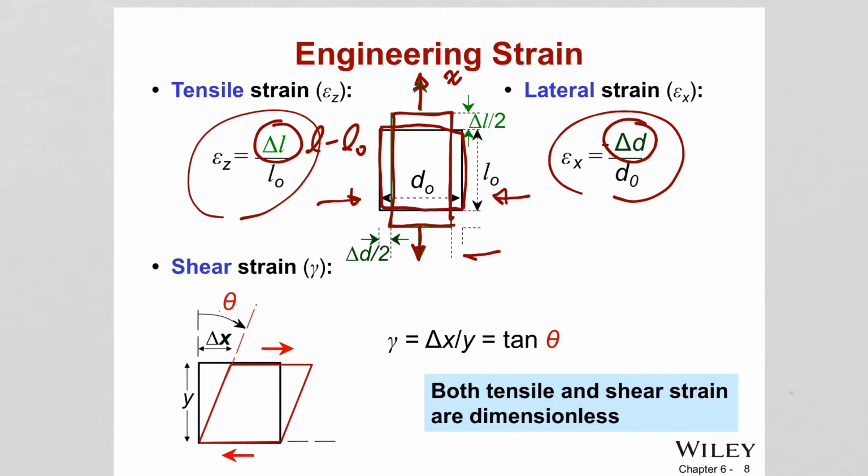So this dimension is maybe a diameter, right? So shown with a d. So delta d over d naught. So delta d is the final diameter minus the original one, over the original one. So this is a deformation strain in the lateral direction. But when we usually define engineering strain, it is the one that is along the z direction.